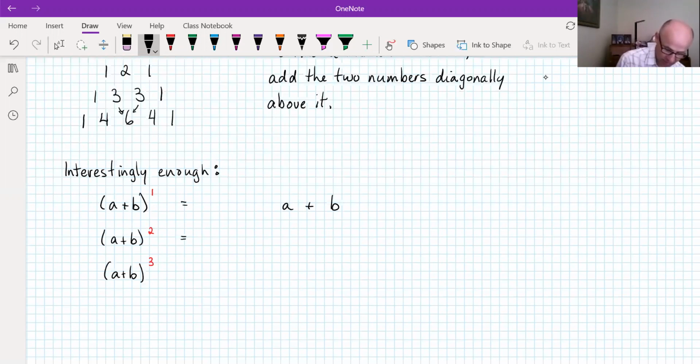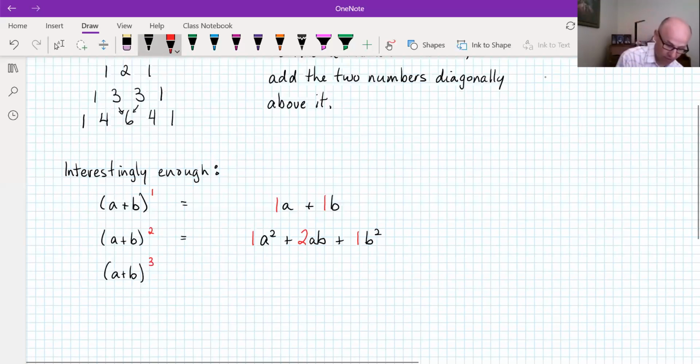A plus b squared, multiplied by itself, gives me an a squared, 2ab, and a b squared, but add in the coefficient. And in fact, what I could do is add in coefficients for everything, which will begin to very, very apparently show us exactly what's happening here.